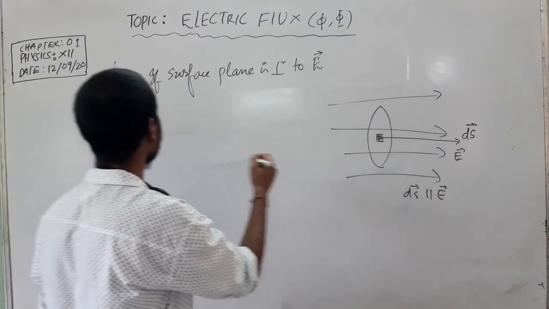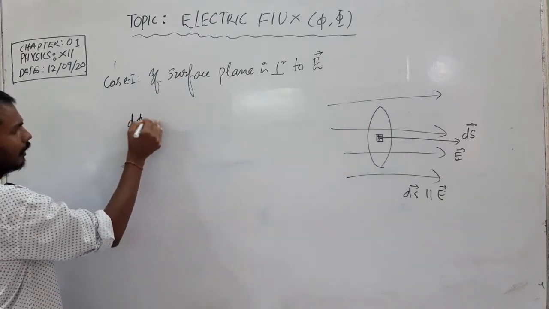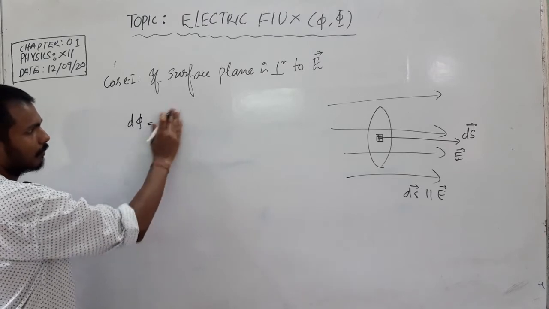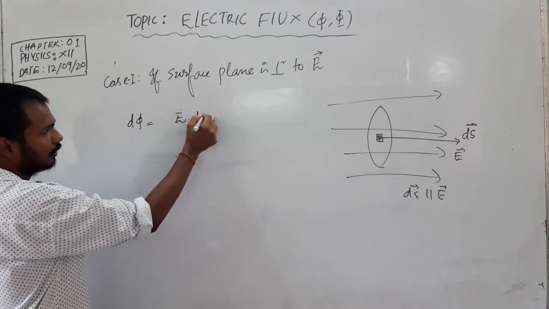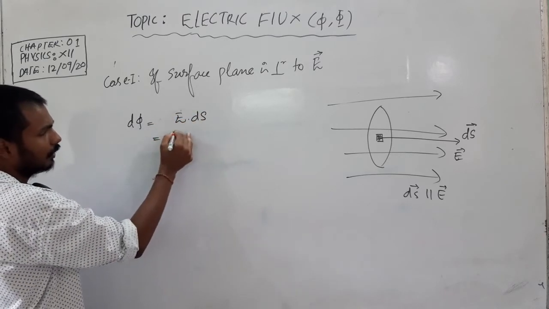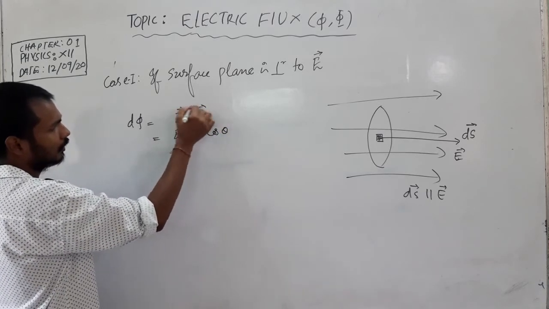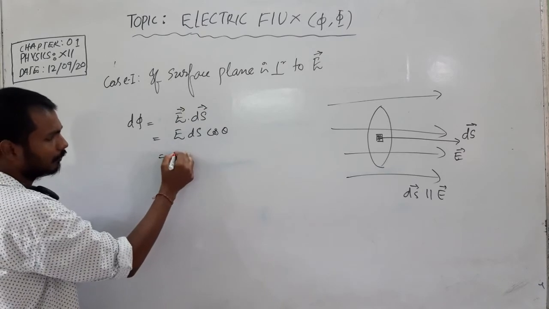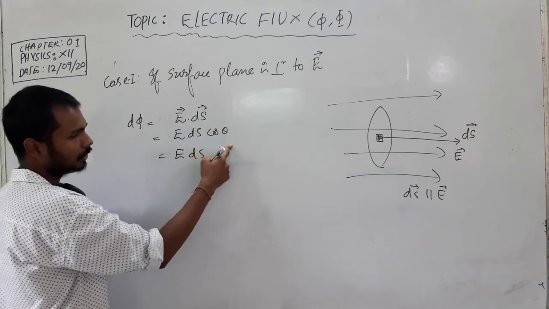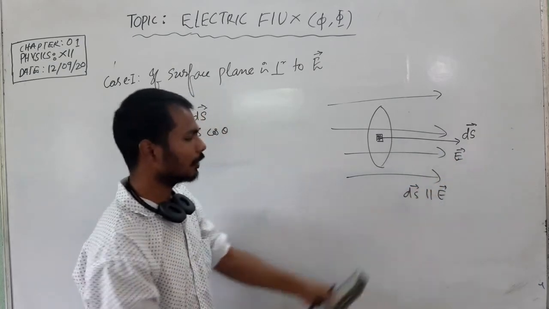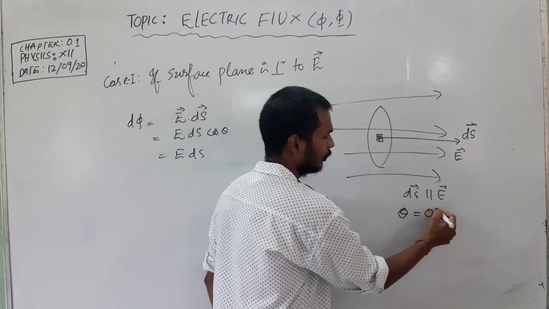Now use the formula. We have d phi is equal to E dot ds, that is equal to E ds cos theta. Now what is the value of cos theta? If ds is parallel to E, then theta is 0 degrees.